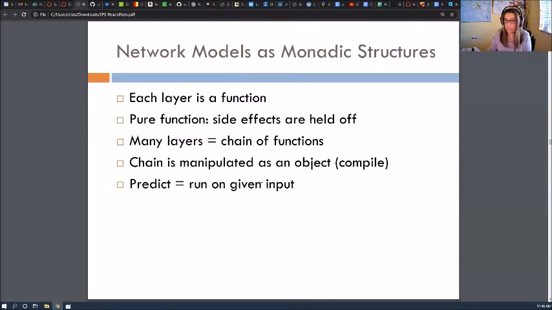So that's basically the chain is manipulated as an object. And then the predict is finally when you really run the function on a given input. That's sort of the unwrap of monads. So neural network models are monadic structures. Interestingly enough, there's another connection to things that we've talked about in this course.